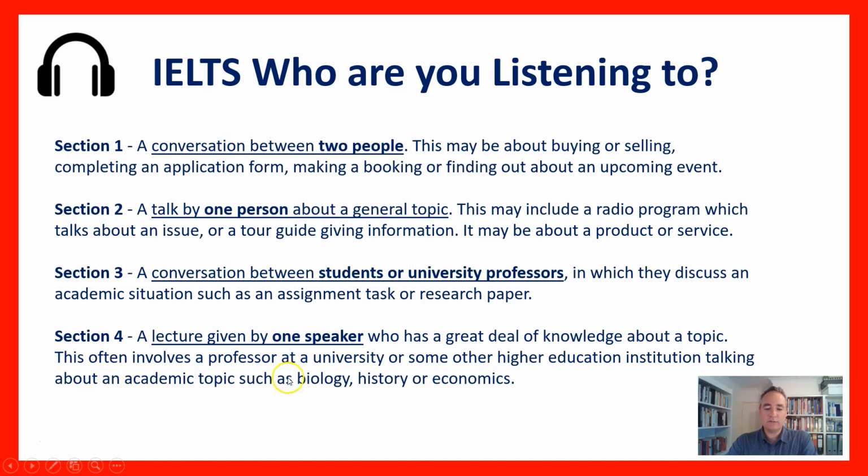So this often involves a professor at a university, or some other higher education institution, talking about a topic, biology, history, economics. Again, it's complex, it's challenging, it's hard to listen to sometimes, it's hard to keep up with the speaker. We generally say that section 1 is the easiest part, then section 2 is a little bit more tricky, and by the time we get to section 4, it's quite challenging.